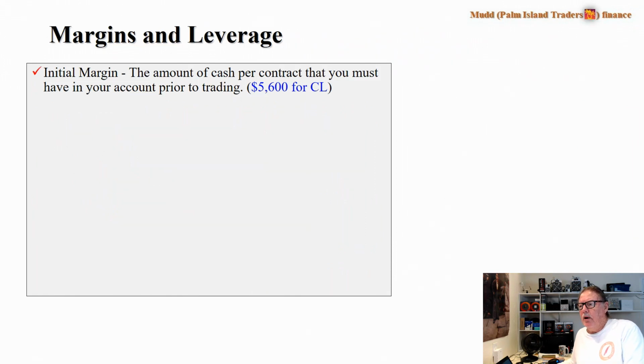The initial margin is the amount of cash per contract that you must have in your account prior to trading. So for example, on the day I recorded this, that's $5,600 for the CL crude oil contract. That changes, by the way, very fast, can change even daily, so you have to look it up, although of course your broker always provides it for you.